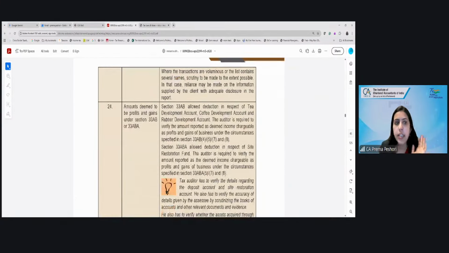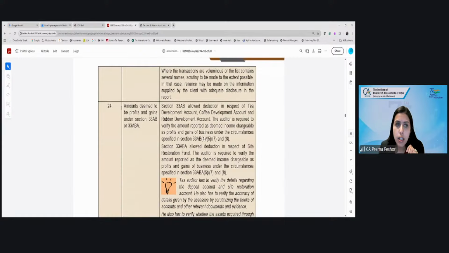Okay? Then clause 24 is amount deemed to be profits and gains under Section 33AB or 33ABA. What is this?